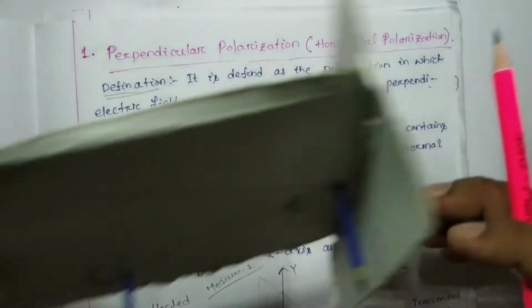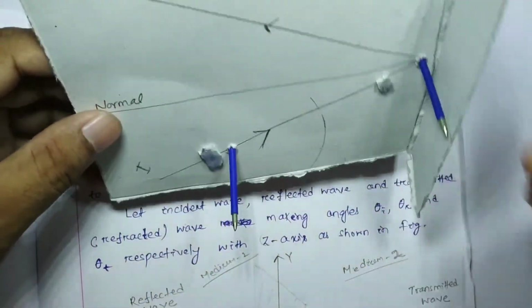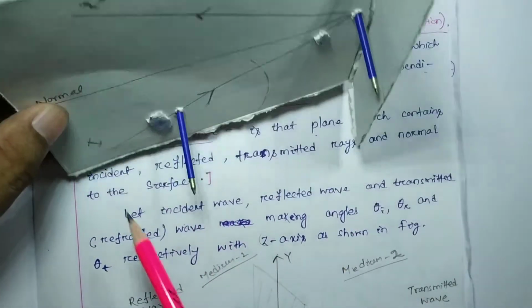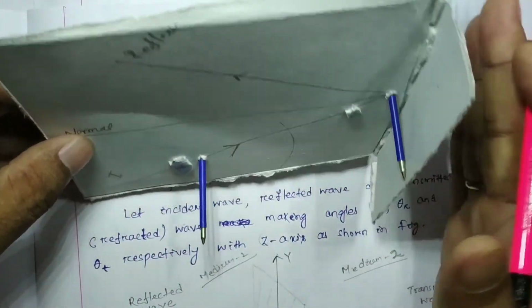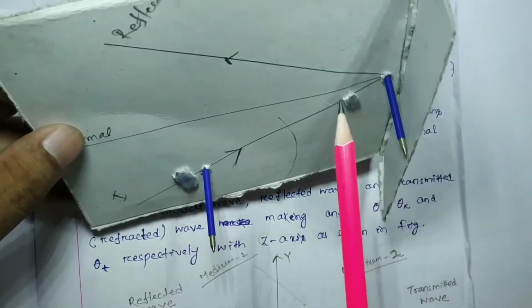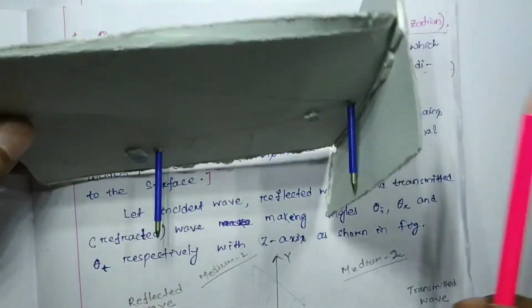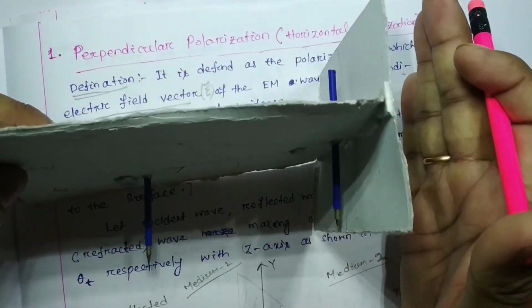With one example, I explained this in that video. This is your interface where the electromagnetic wave is going to strike, or be incident. Part of it is going to be reflected in the same medium and part of it is going to be refracted in medium two, right?